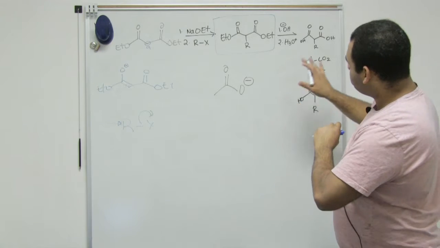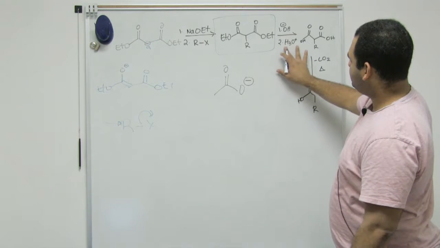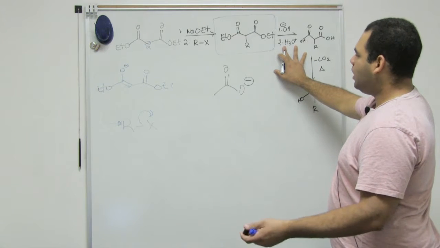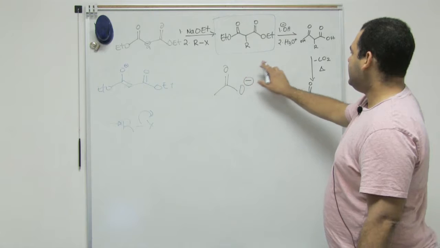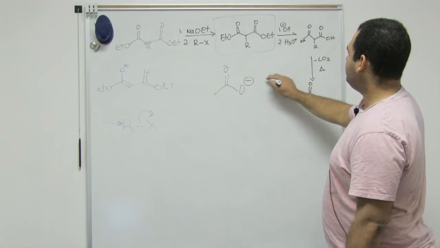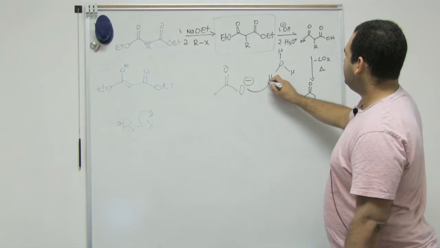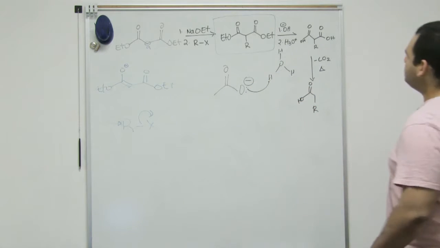So in order to form a carboxylic acid, I just use acid conditions. The acid will be the proton donor, and we can have a proton transfer. So this is why the second step is using an acid to protonate at that position.